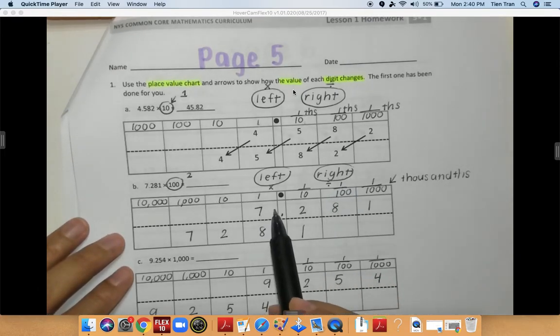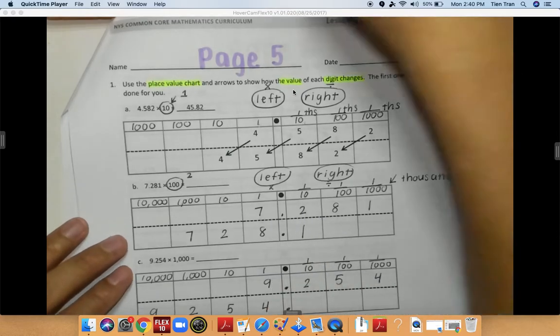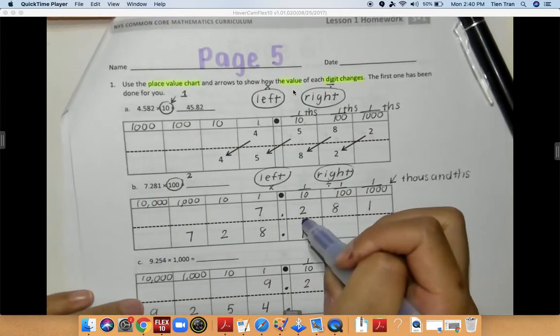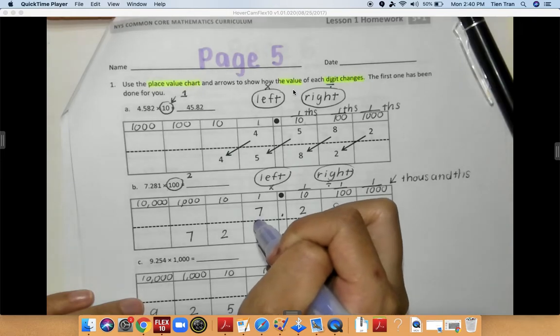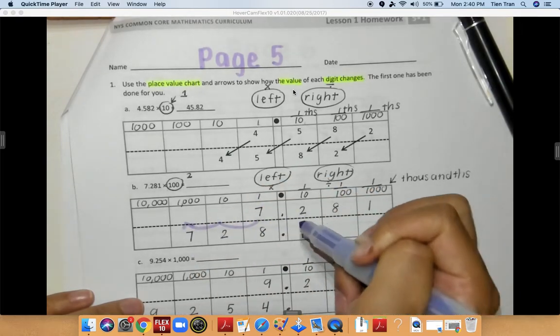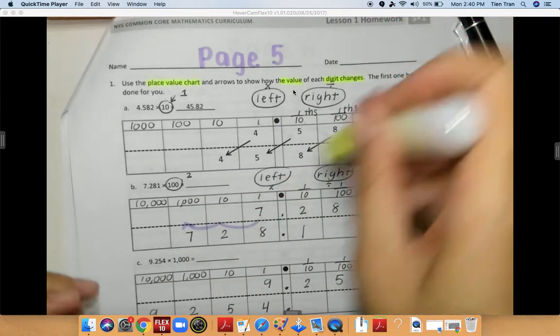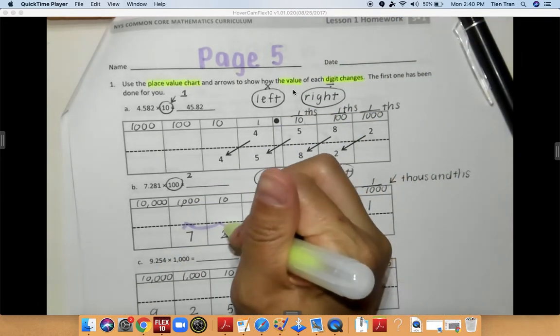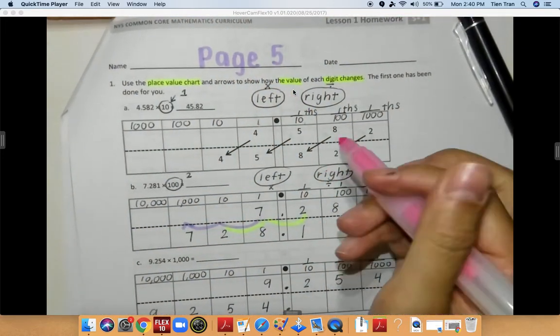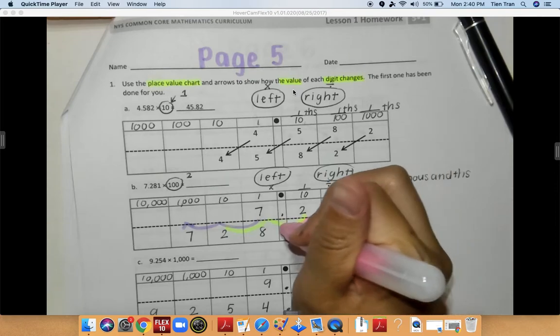So in this case, I'm going to move over 2 times. So if you look here, I'm moving my 7 over 1, 2 times. Same thing with my number 2. I'm moving it over 2 times. 1, 2. And then my 8, I am also moving it over 2 times. 1, 2.